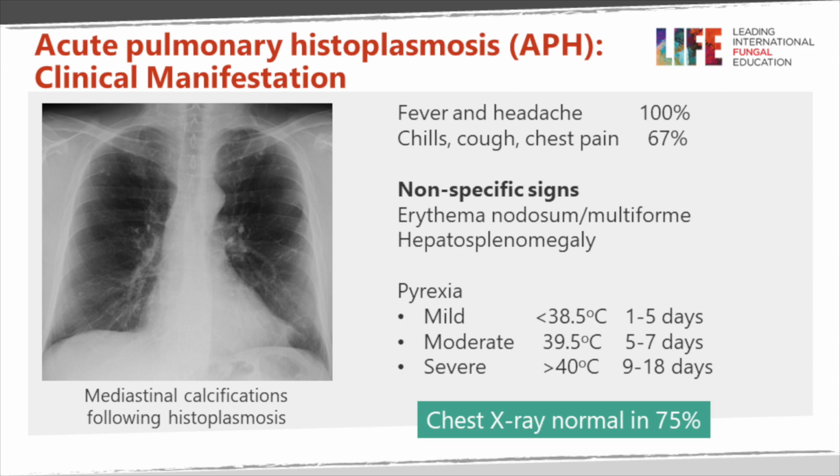And in contrast, if you inhale a lot of histoplasma, you can have a really very high fever and be ill for between 9 and 18 days. And some patients die of this infection if it's not diagnosed and treated in the severe category. Notably, a chest X-ray is normal in 75% of patients, but you do get calcification subsequently in some patients.